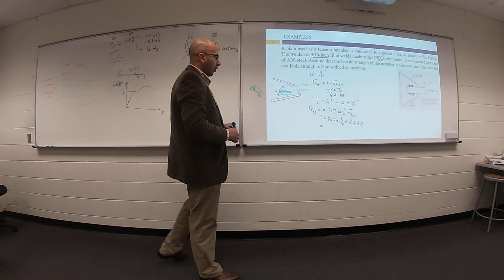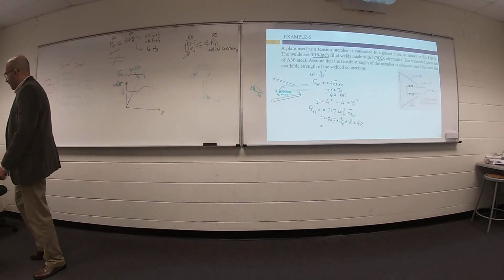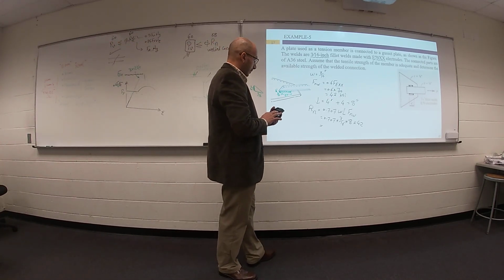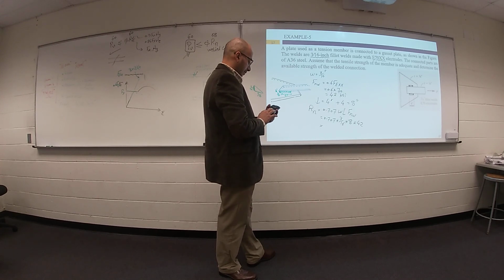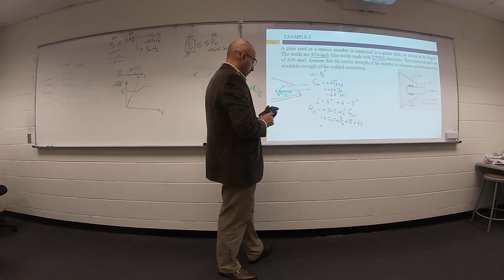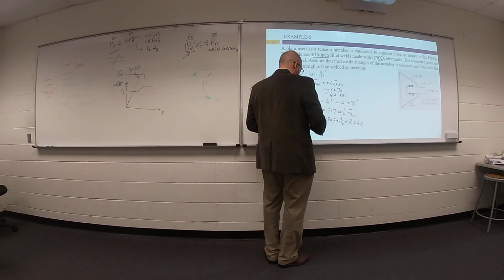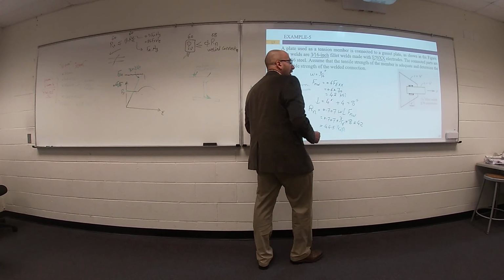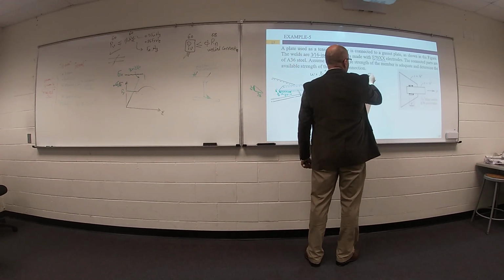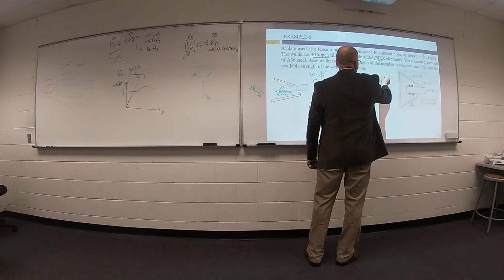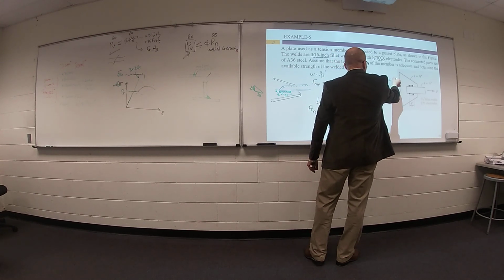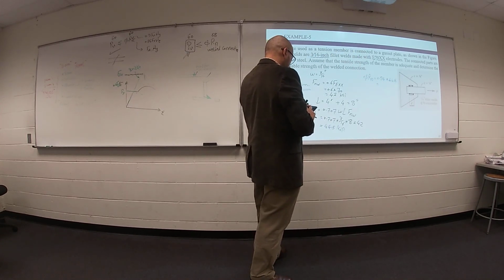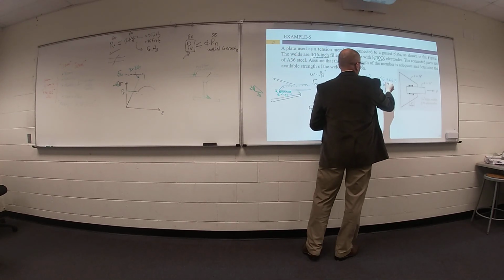So I can tell you the nominal strength of this welded connection: 44.5 kip. If you would like to get your design strength, Phi Rn, you can multiply this value by 0.75. Your final value will be 33.4 kip.